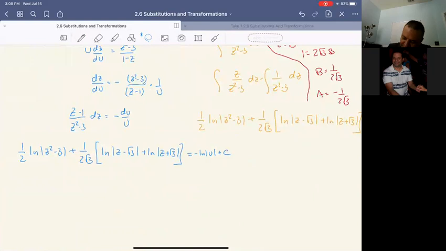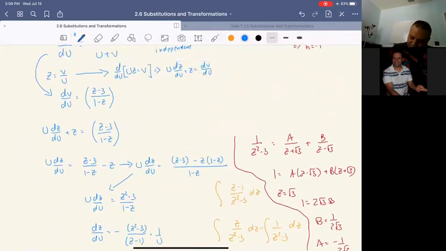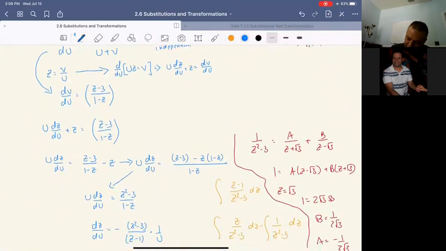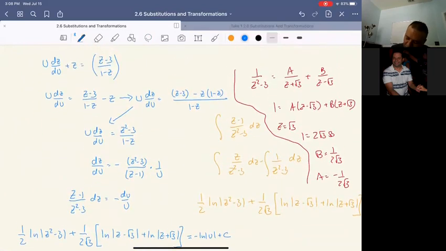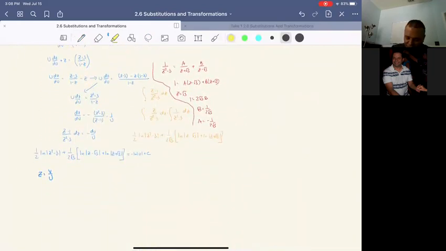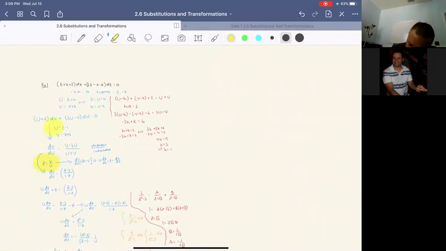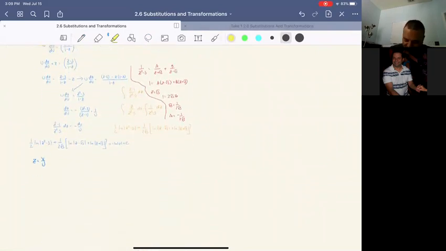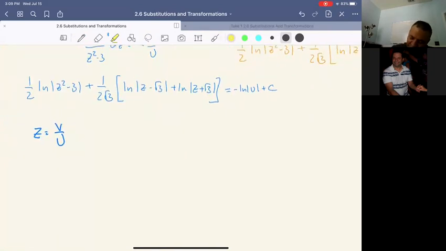So remember, z equals v over u, right? Oh, right, let me find it. That was all the way up here, z equals v over u. Let me also remind ourselves that u and v were that.